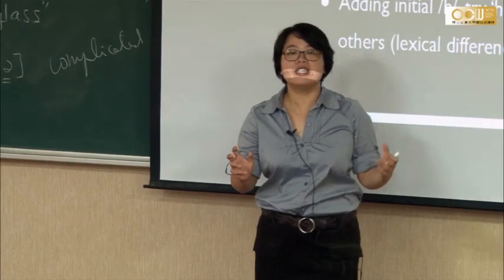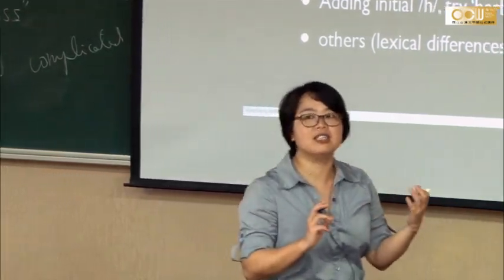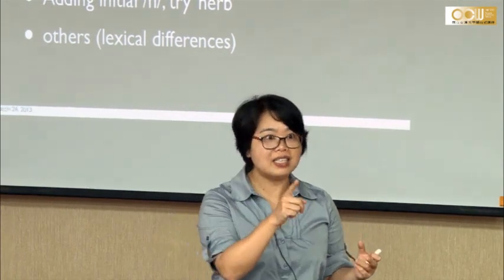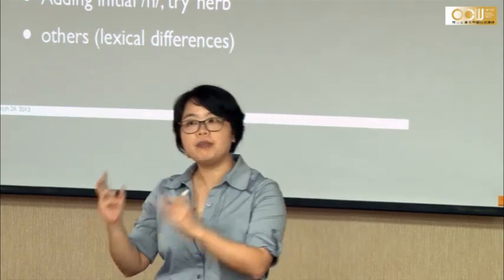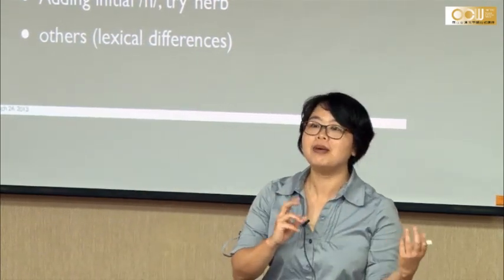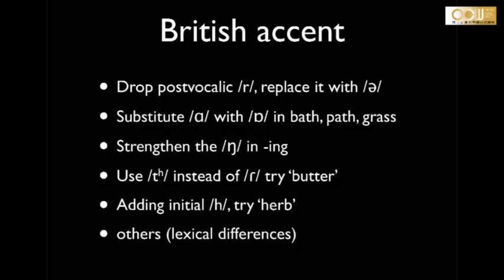In American English you may say "butter," but in British accent you change that T to a truly aspirated T, and then drop the R and replace it with a schwa, and it becomes "butter."